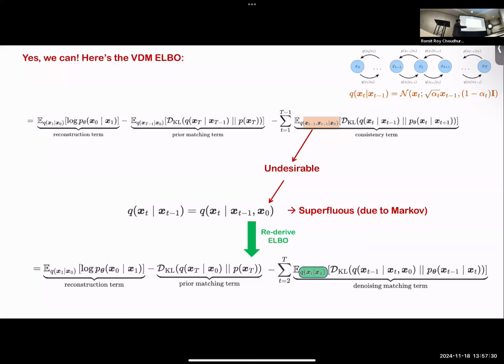The trick here is we substitute all the ELBO terms from before. We have this term, xt given xt minus 1. Now we substitute it with xt given xt minus 1 and x0. You can see that these 2 terms, based on Markov, are equivalent, right? Because we say xt only depends on xt minus 1.